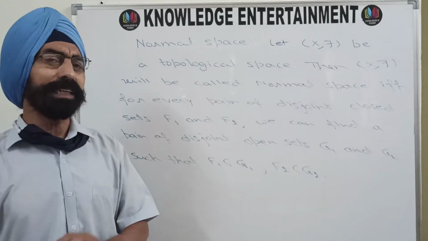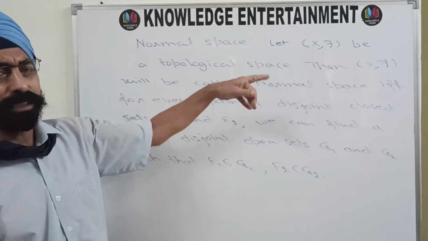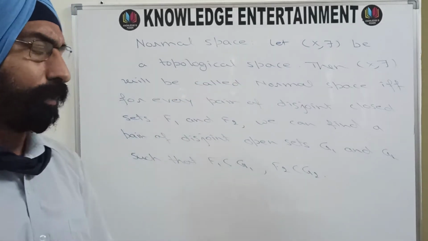If this axiom is satisfied, then we say that the topological space is normal.